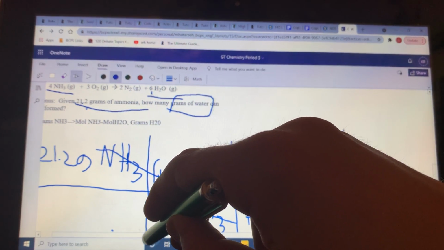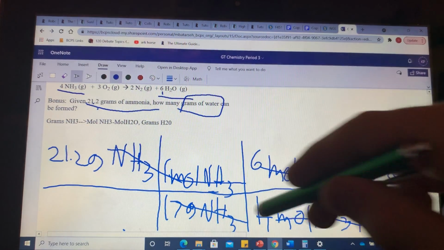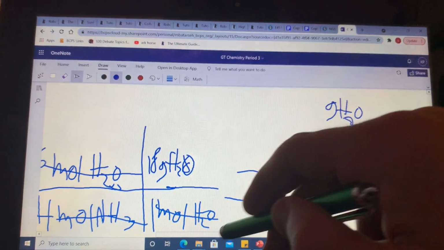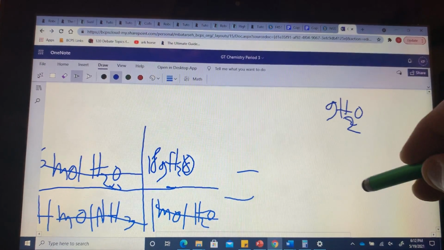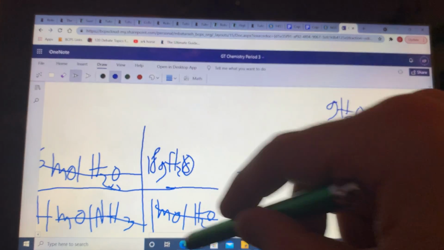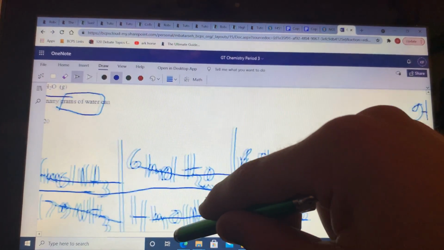So we're left with this right here, and we know it's going to be equal to something in grams of H2O.